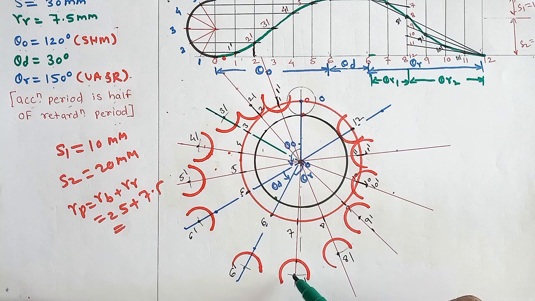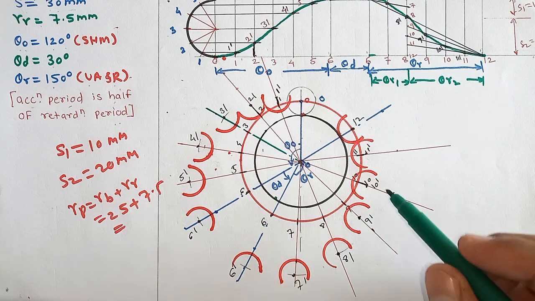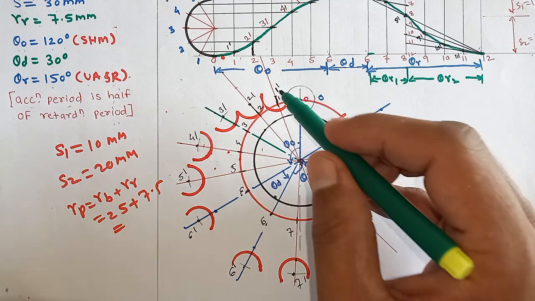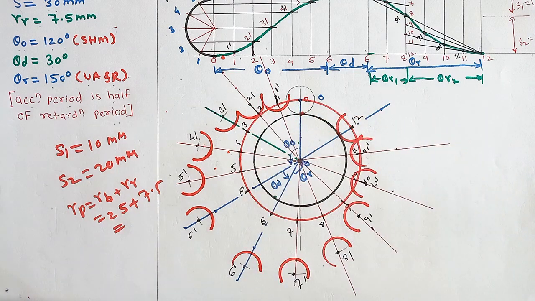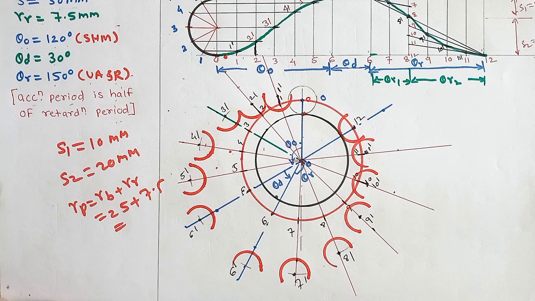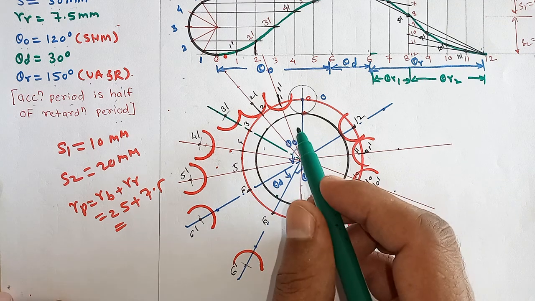So after drawing the roller at all the instants with these positions of the trace point at the centers, the last step is to draw a smooth freehand curve tangent to all these circular arcs of the rollers.